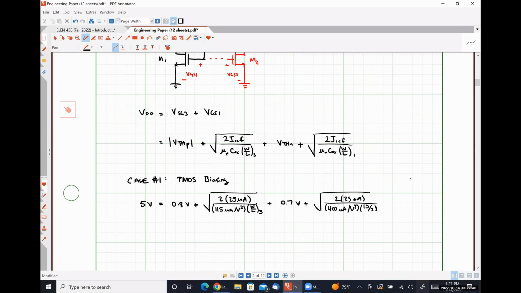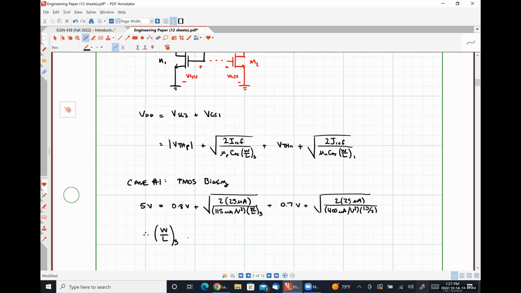If we solve this for W over L 3, what we find is that the aspect ratio of transistor 3, M3, has to be 0.039. Since this is less than 1, that means the length needs to be larger than the width.